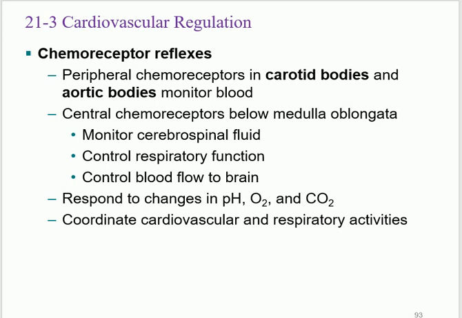So you have two mechanisms, one peripheral and one central, monitoring the same thing, the chemistry of the blood, but in two spots, like having two cameras, one outside and one on top of your house, for example. You're monitoring in and out, central and peripheral.